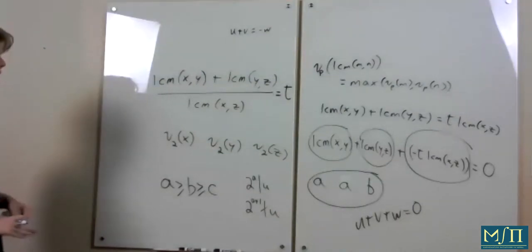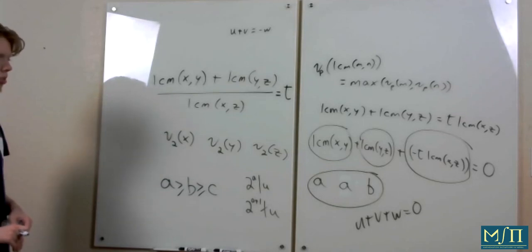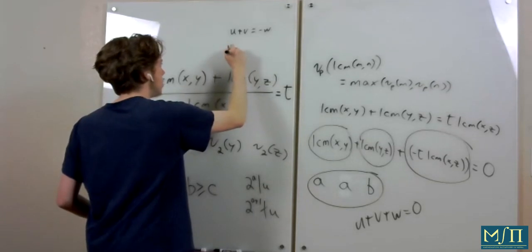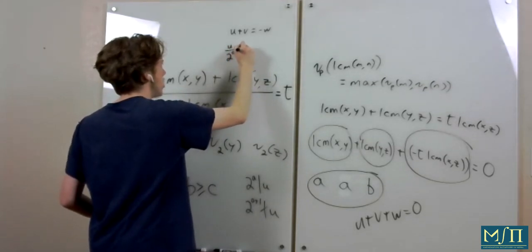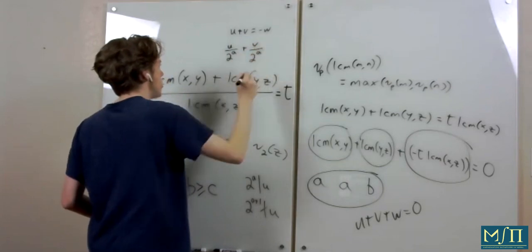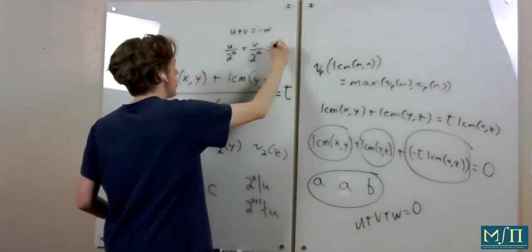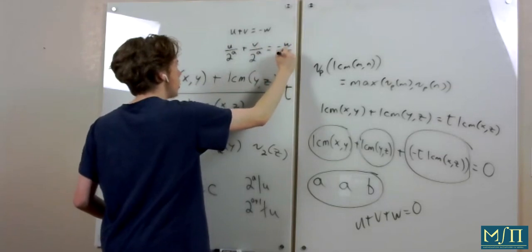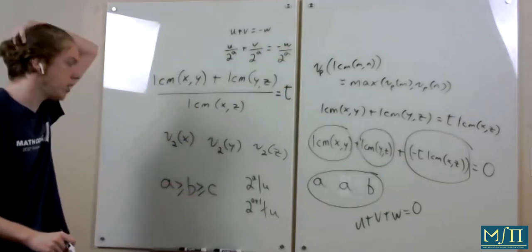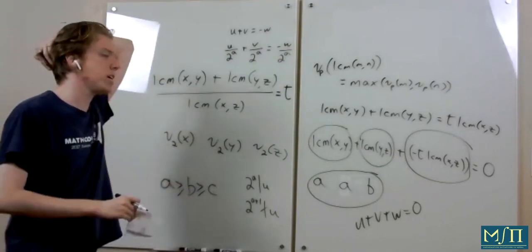And so 2 to the a divides u and v, so it divides negative w. So we can say u over 2 to the a is an odd integer, v over 2 to the a is an odd integer. So now negative w over 2 to the a must be an odd integer plus an odd integer, which must be even.